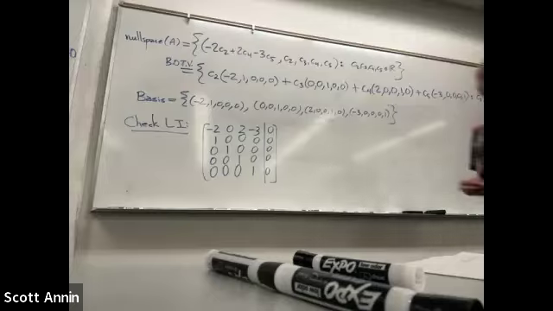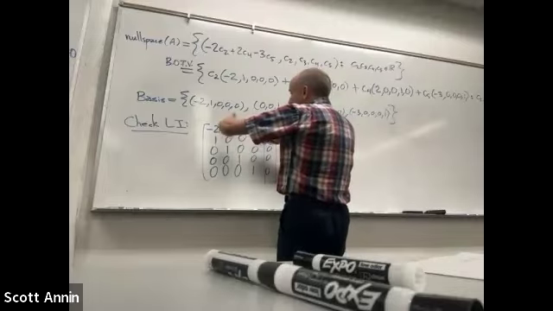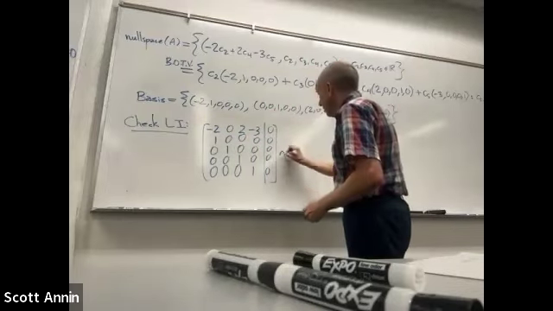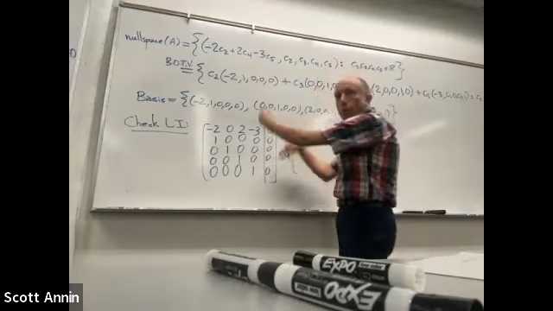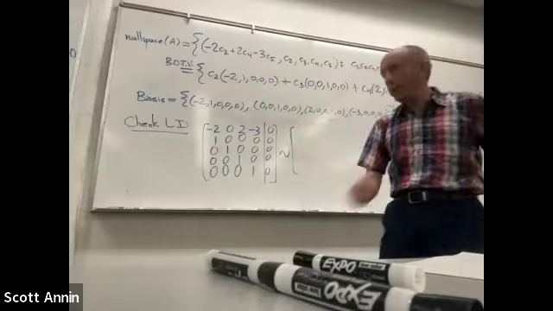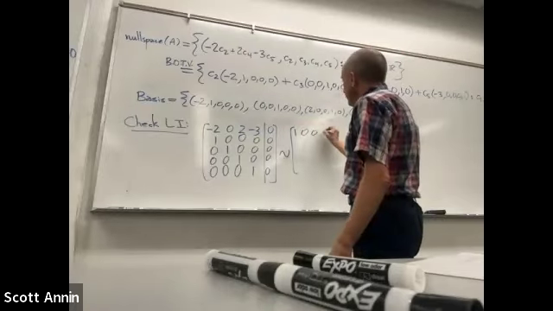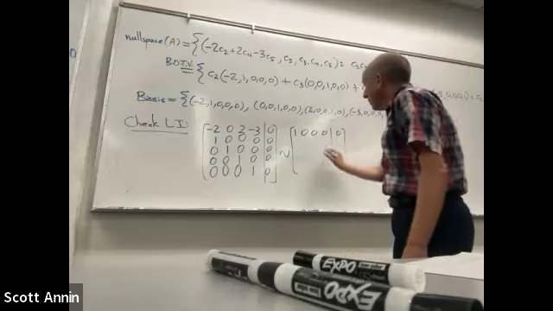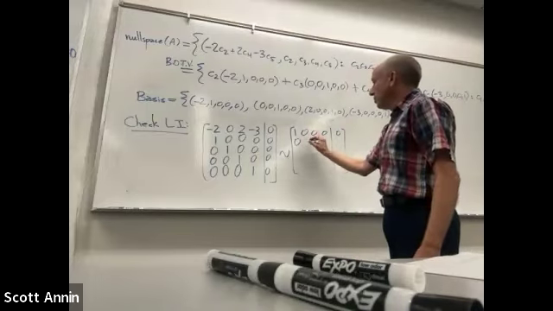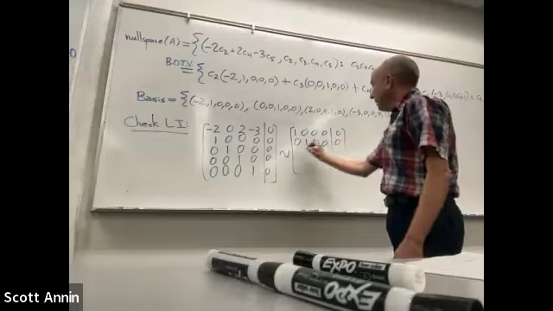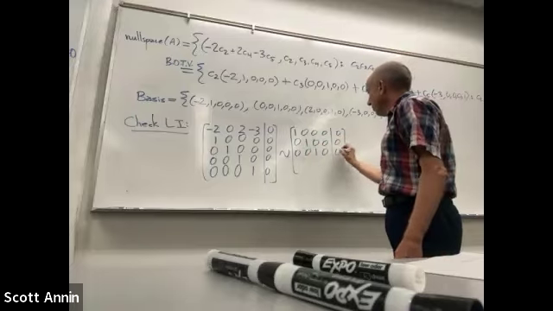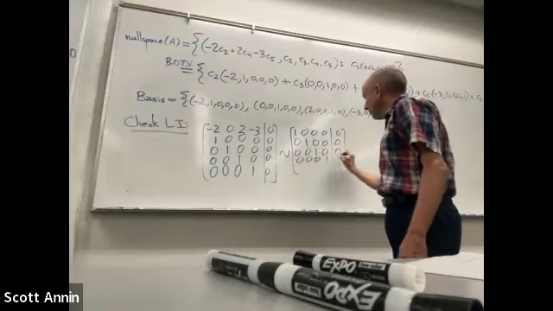You can probably tell that if you were to move these rows around by doing permutations, I could move the second row to the top and the third row to the second row and the fourth row to the third row and the fifth row to the fourth row.